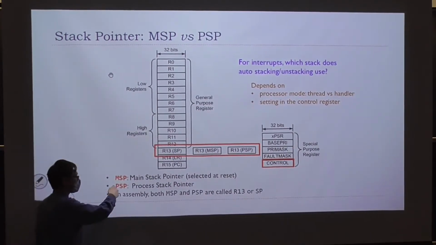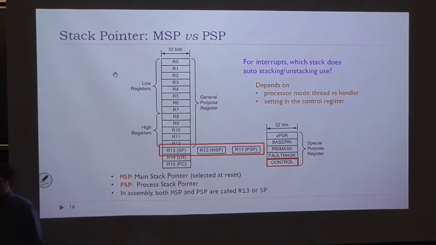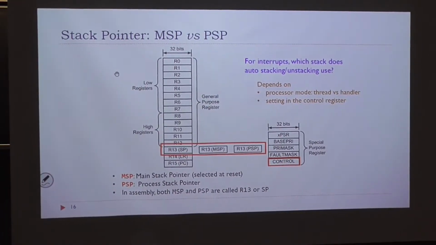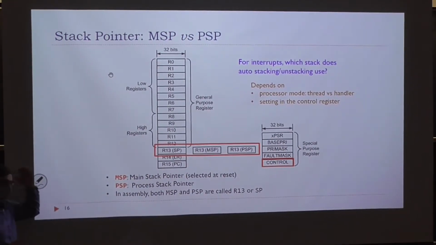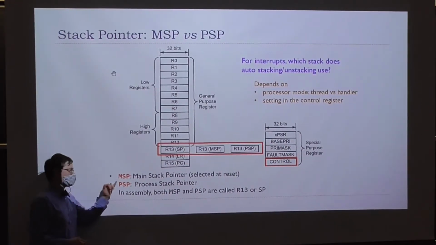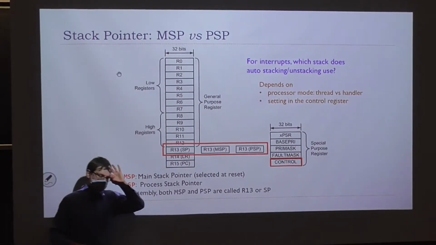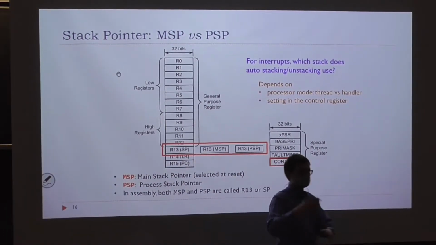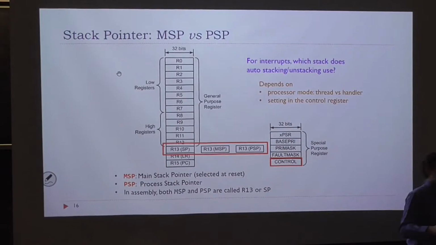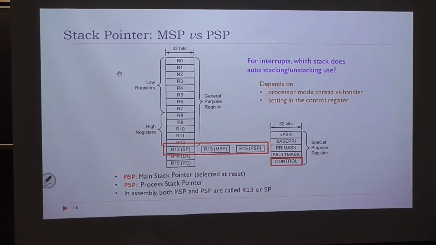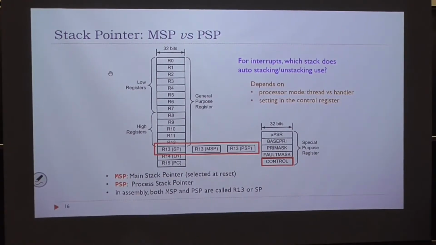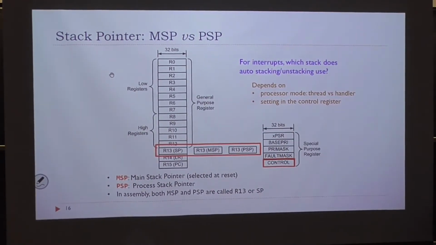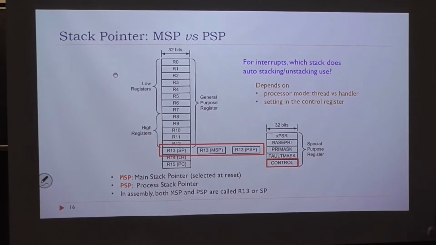The main stack pointer, generally speaking, is reserved for kernel type operations and other operating system stuff. The process stack pointer is used for user programs. This is the architecture that enables the operating system on your phone to not have to share a call stack with your particular instance of Crossy Road.